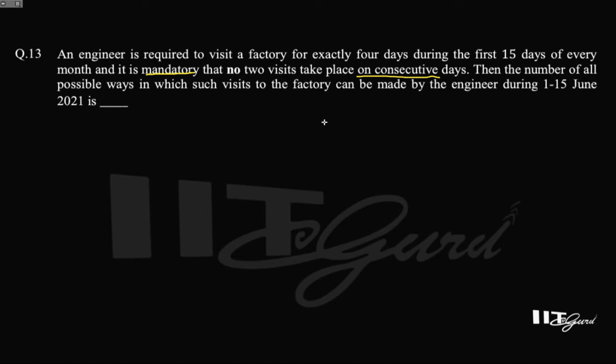Within these first 15 days, he has to be present in the factory only for 4 days. Let's say on these 4 days he is present in the factory, and let x1, x2, x3, x4, and x5 be the days where he is absent.